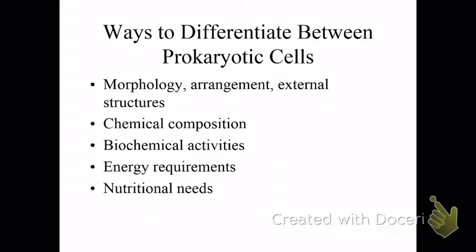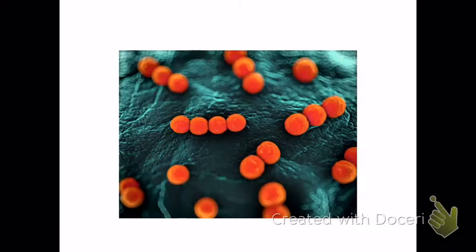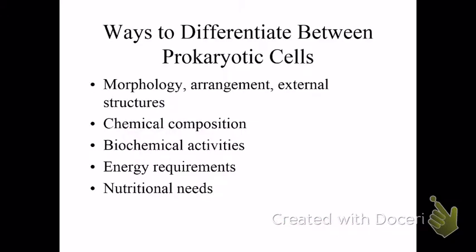Just different ways that we will discuss how to differentiate in this PowerPoint. The shape: if it's round, coccus, or rod-shaped, bacilli. The arrangement: how do they grow? Do they grow in chains or clusters? Do they have external structures like flagella? What is their chemical composition?